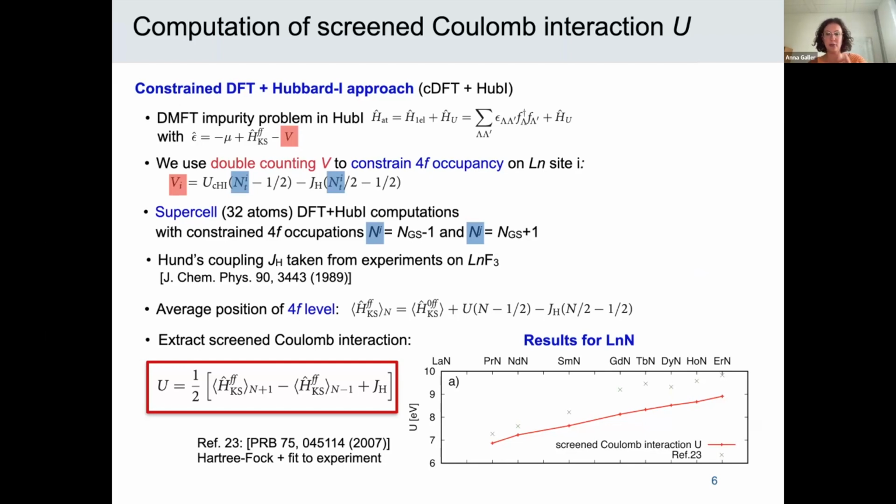And the increase of the screened Coulomb interaction simply reflects the increased localization of the 4f shell along this rare earth mononitride series. And then as a comparison, here I also put some values from the literature. These are these green data points. What they did is a Hartree-Fock calculation, and then they simply did a screening which they fitted to experiment for one of the compounds.